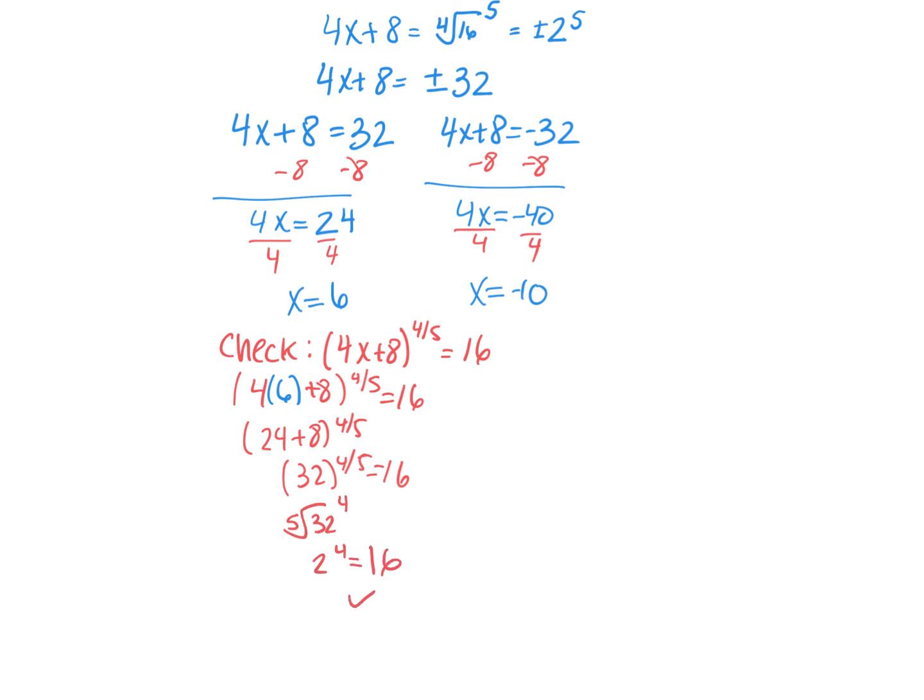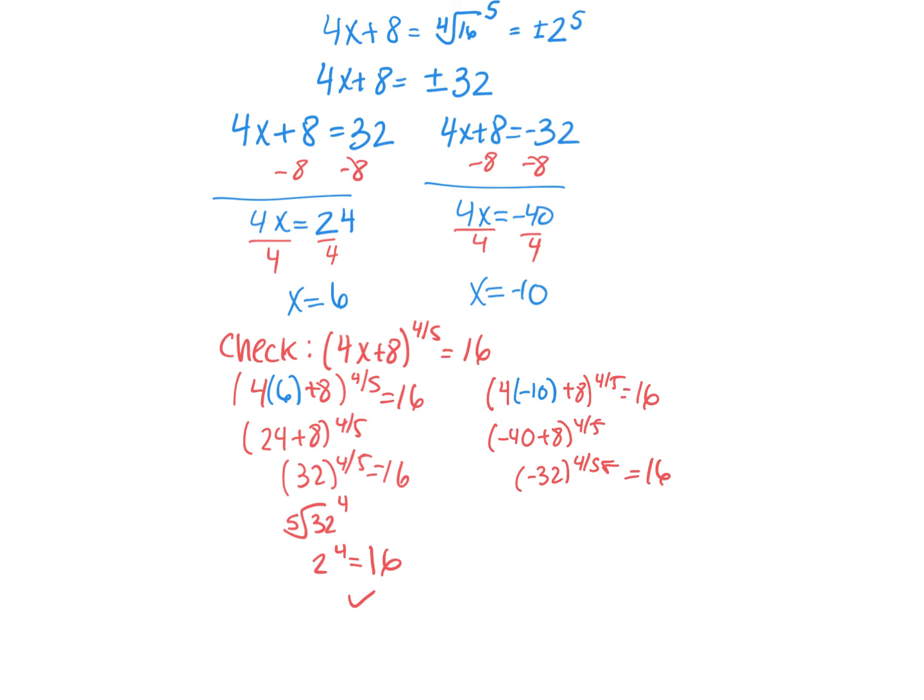All right, let's check it with the negative 10. So 4 times negative 10 plus 8 to the 4/5 power equals 16. So I'm going to have negative 40 plus 8, which is negative 32. Now, this is an odd root. Because the bottom number is odd, I can take an odd root of a negative number.